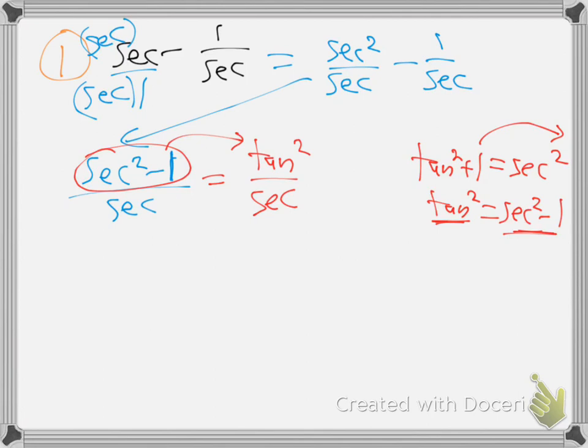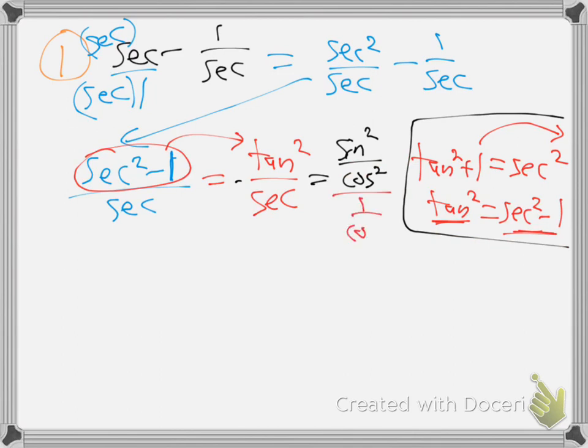And then what do you do at this point? Break into sines and cosines. Do you always do that? Not always, but often. Often when you have things like tangent and secant, you break it into sines and cosines. That's usually a good way to go. So this is sine squared over cosine squared all over 1 over cosine, because secant is 1 over cosine.